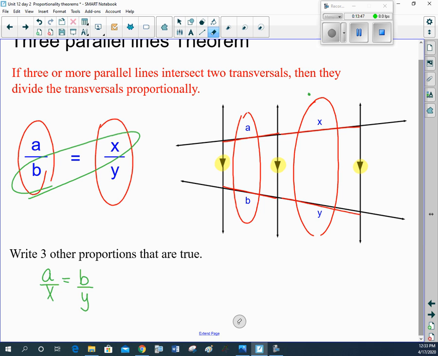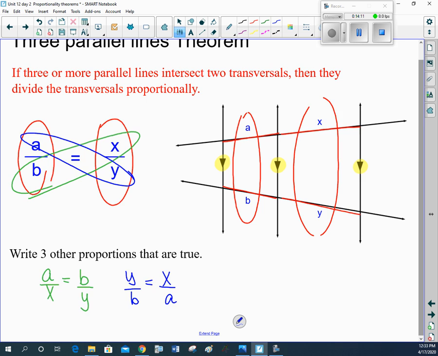Let's do another one. I'll go back to the original, and this time I will switch this diagonal. I'll switch these two. So that's going to say Y over B equals X over A. Is that true?